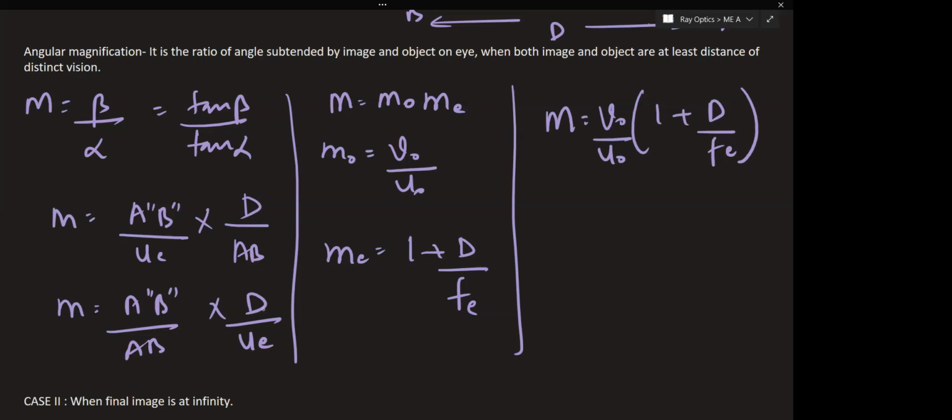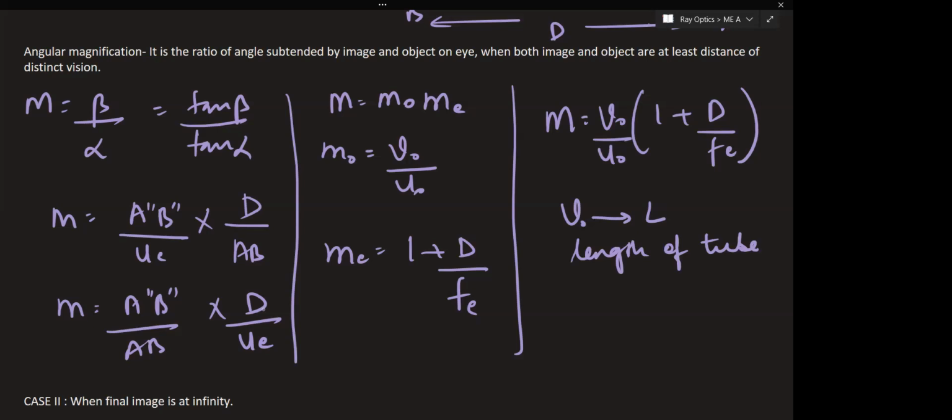See, one more thing. Sometimes when the image and the lenses are kept very close to each other, L becomes the total length of tube, which we say. Sometimes object distance is also replaced by L, that is the length of tube.